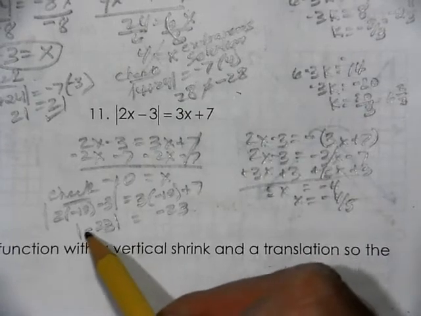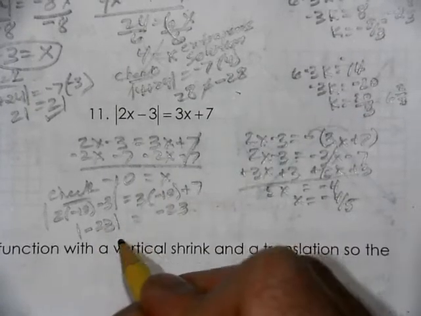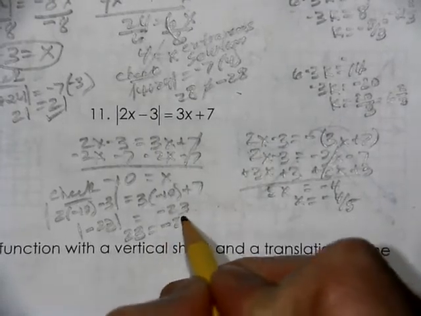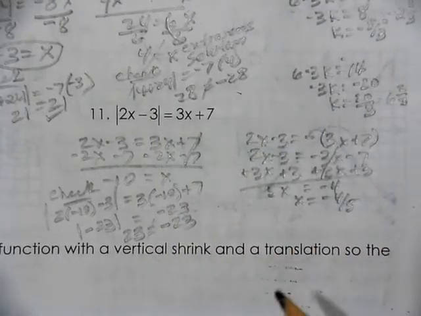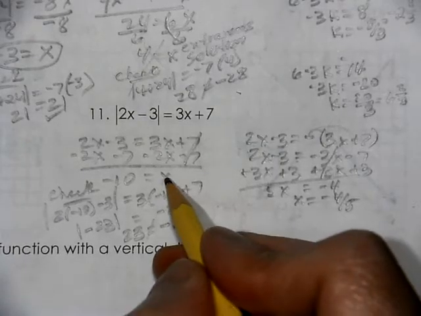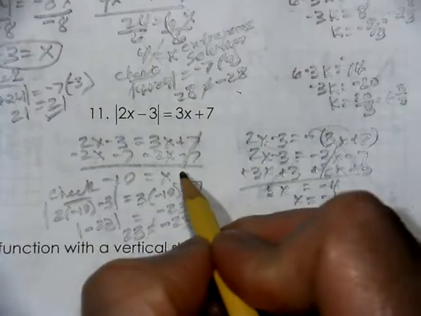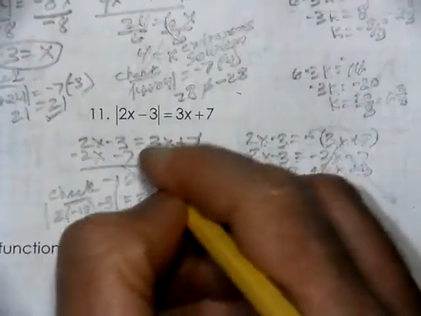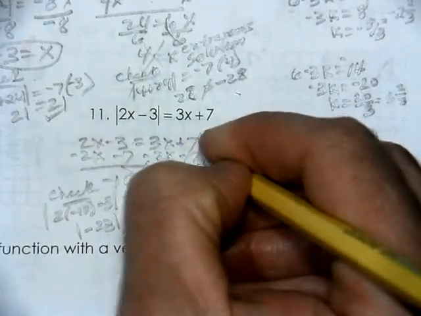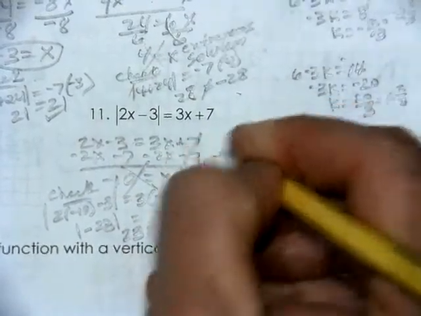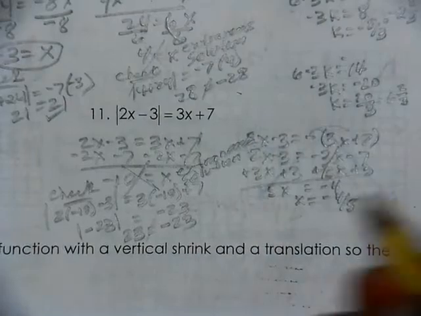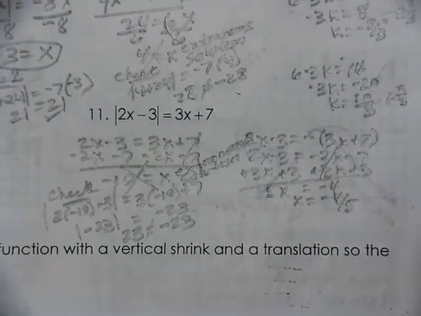But notice here that when you take the absolute value of 23, that gives you a positive 23, and that does not equal negative 23. So this answer of negative 10 is an extraneous solution. So we put an X through there, we write the word extraneous solution.